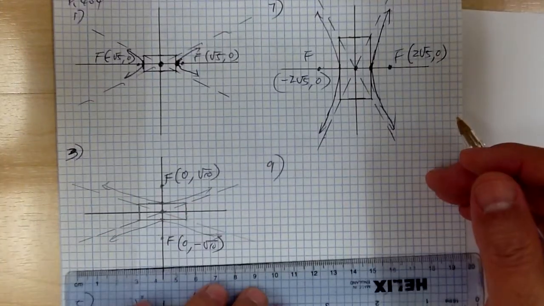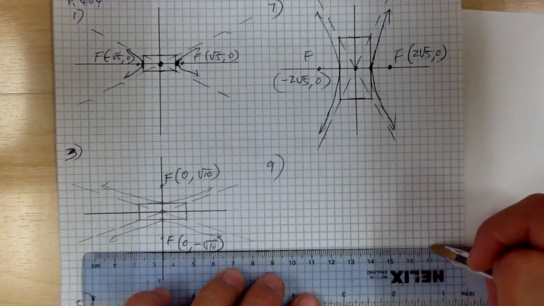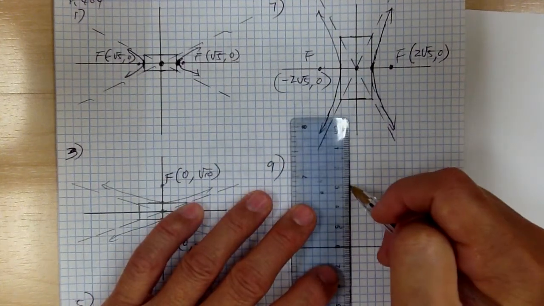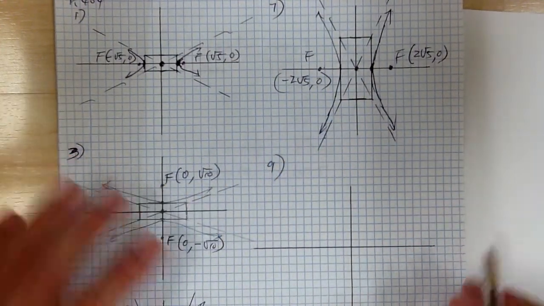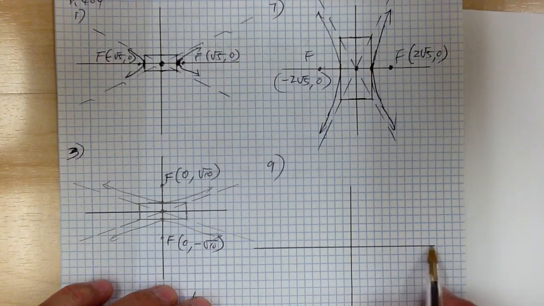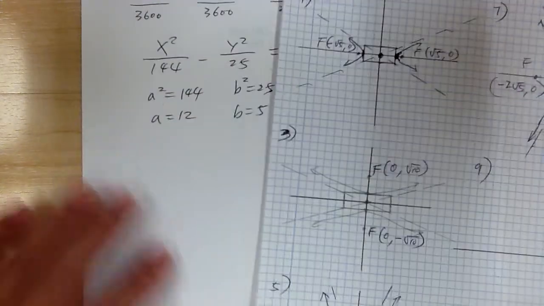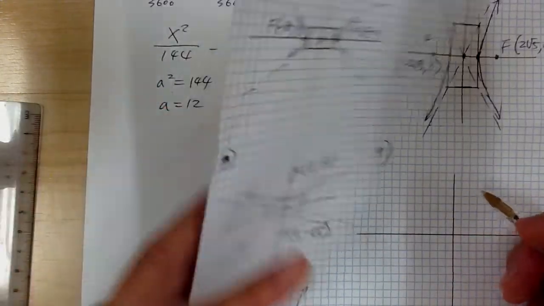So you're going to have this one. We might run out of space. Yeah, so it's going to be kind of big. So I'm going to make every square equal to 2.